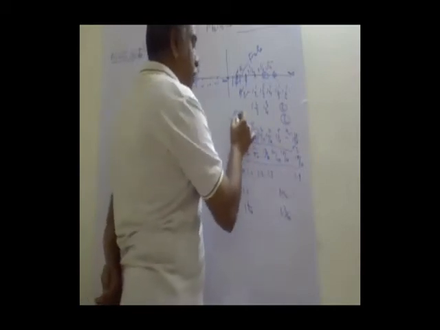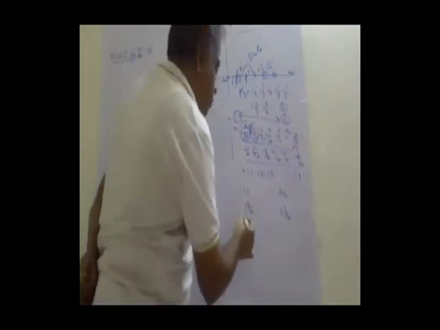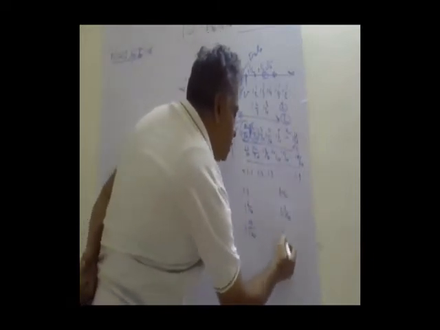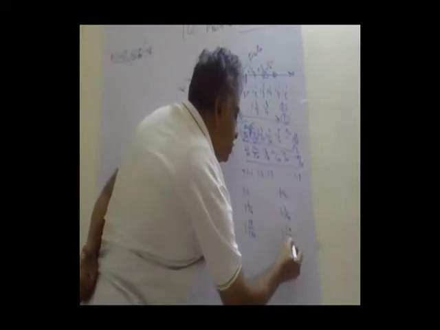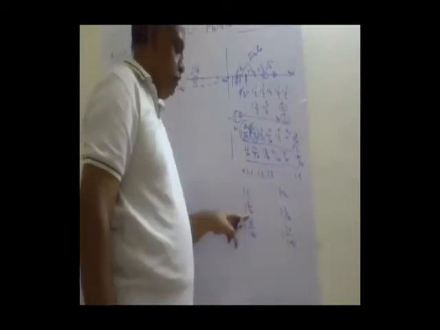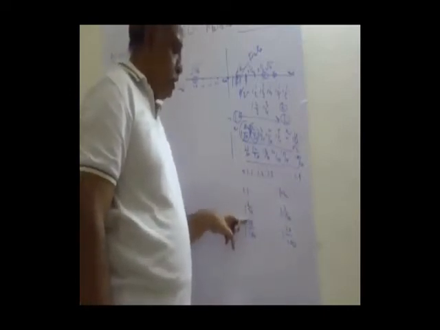Earlier I added between 1 and 2, now I am adding between these two. I will write 1 1/10 as 1 10/100 and 1 2/10 as 1 20/100, since 2 by 10 is equal to 20 by 100.